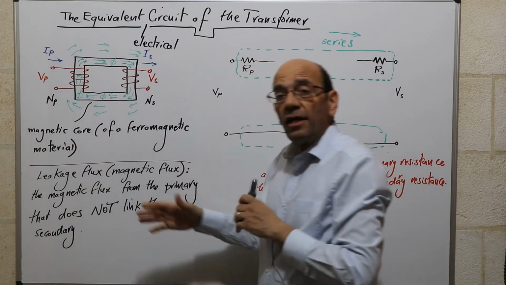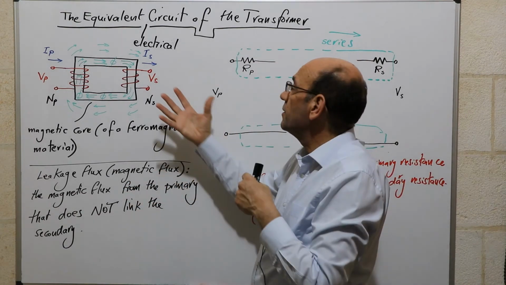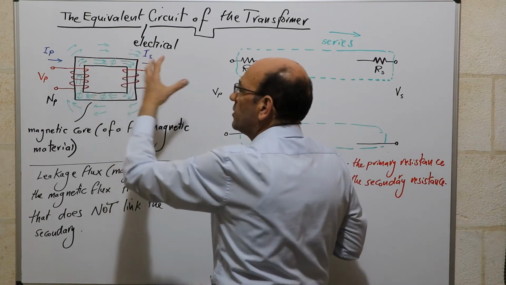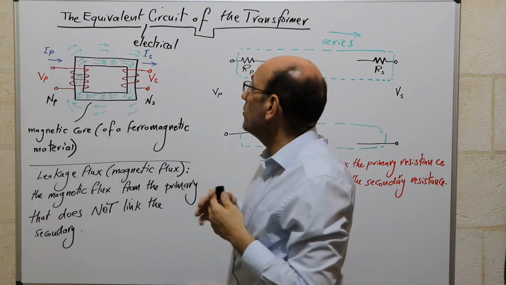In order to account for this leakage flux, this is a form of inefficiency. It's not a true loss. There's no power loss caused by it, but it's a form of inefficiency.